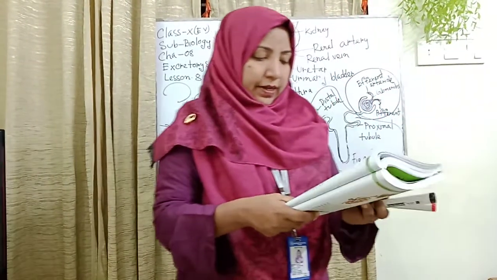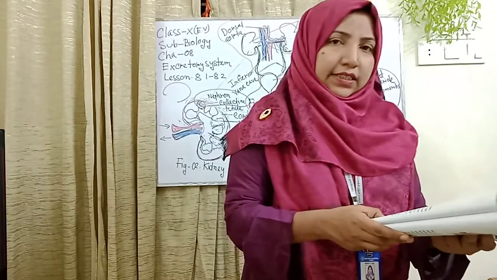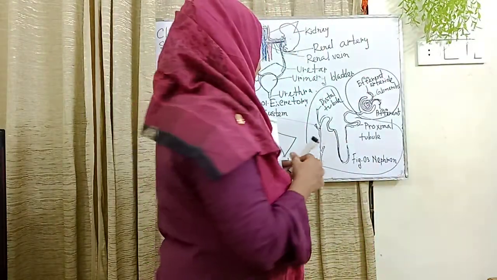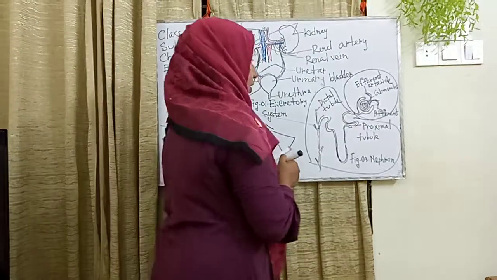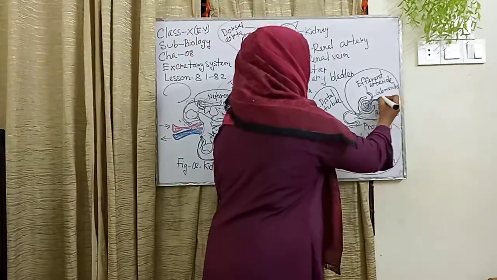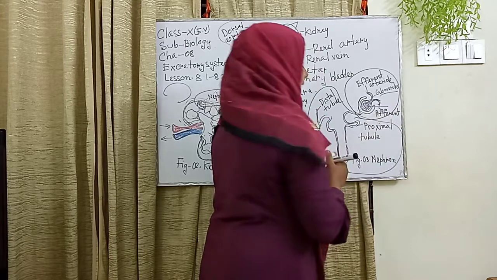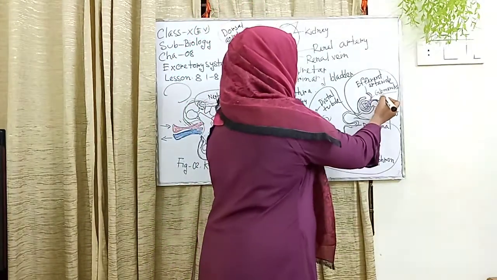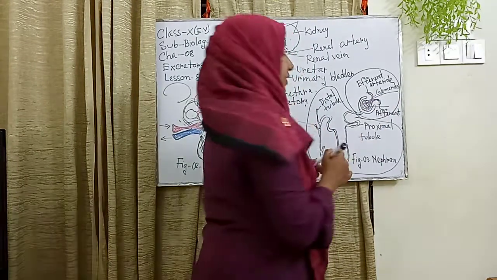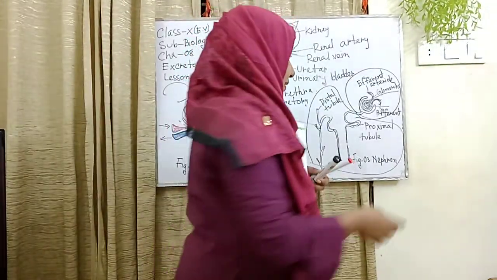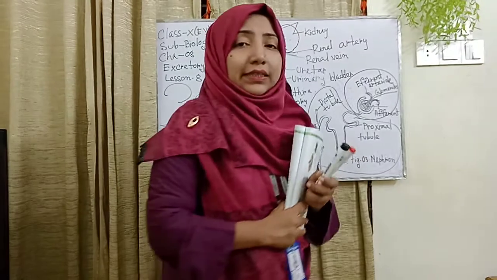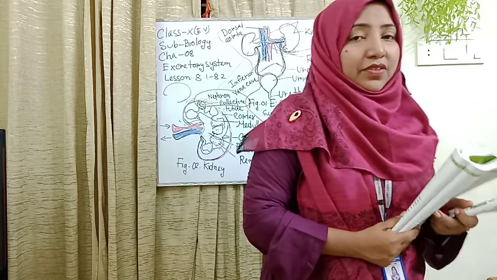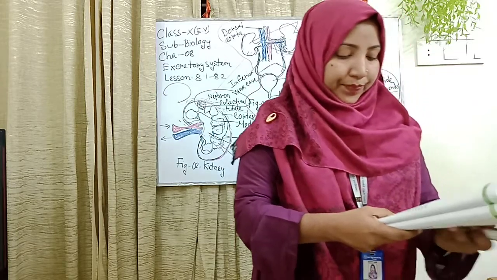Each renal corpuscle is divided into two parts: one part is the glomerulus and the second is the Bowman's capsule. Again I repeat, this structure is the glomerulus and this structure is the Bowman's capsule. Together, they are called the renal corpuscle.